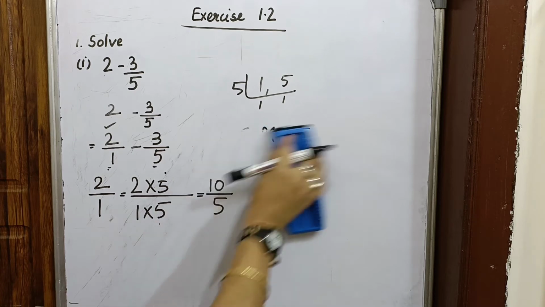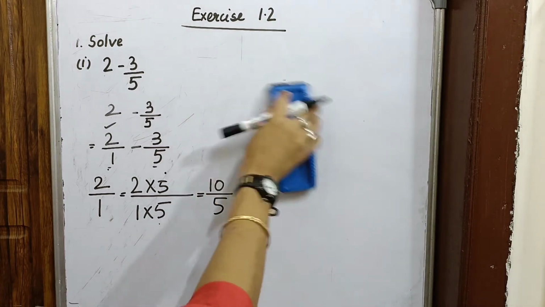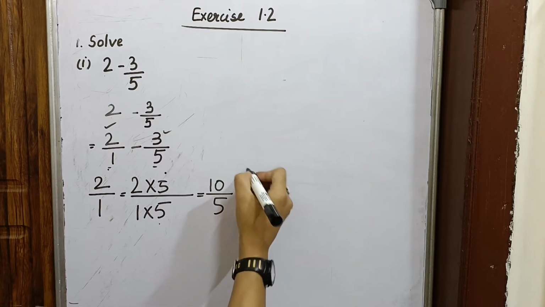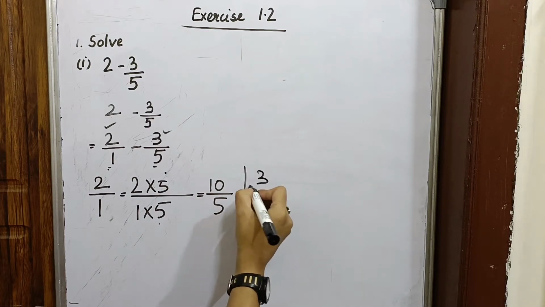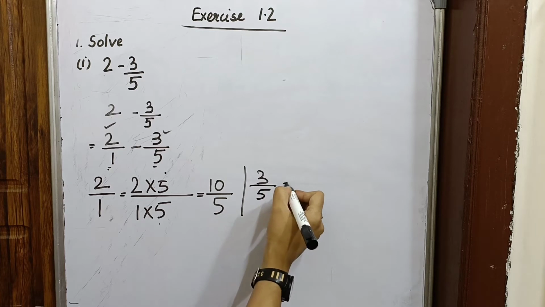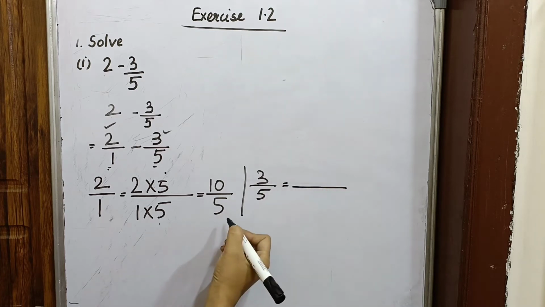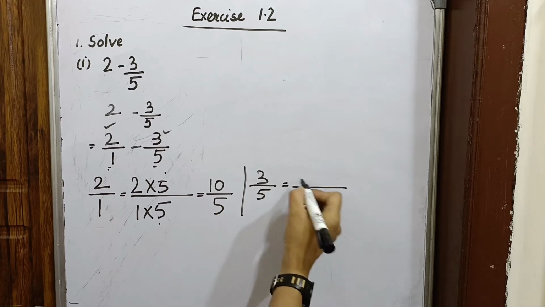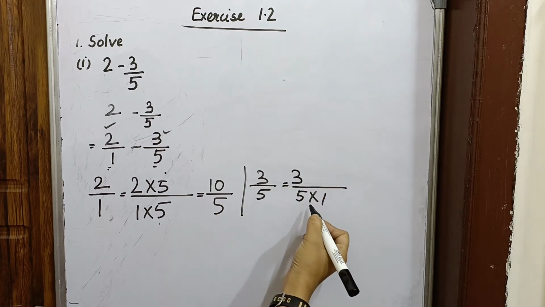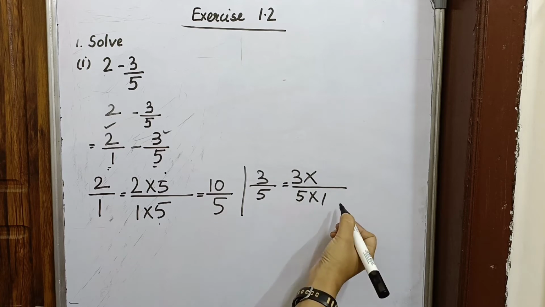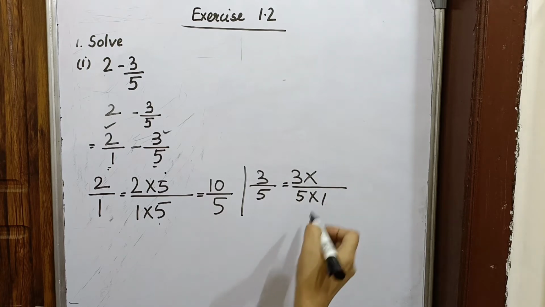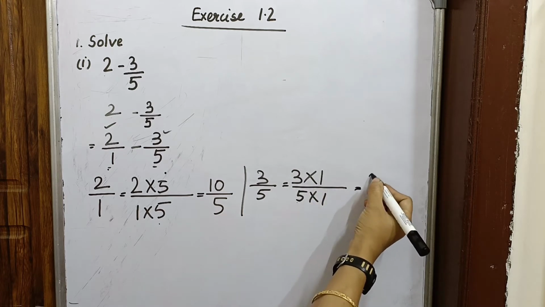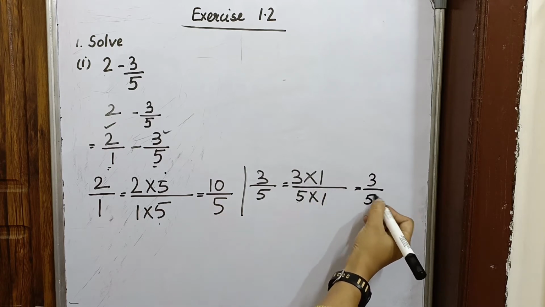Now you see we got the denominator as 5. And now we'll do 3 by 5. The denominator has to be 5, so it is very easy. 5 into 1 is 5, and in the numerator we multiply by the same number, which is 1. So 3 into 1 is 3 by 5.